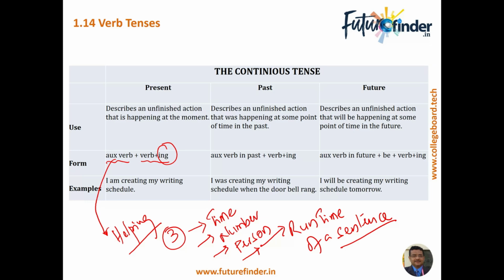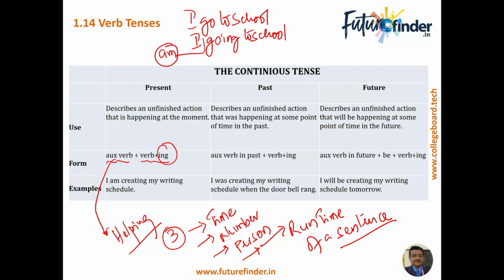So let's take an example. As for example, let's take the simple present tense of a sentence. I go to school. Now, the present continuous tense for this will be I am going to school, but for the sake of understanding, let's leave out the am.